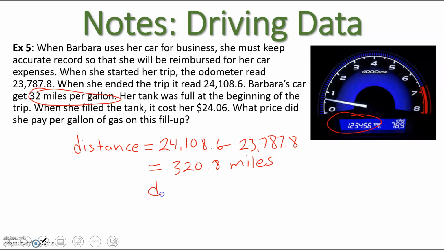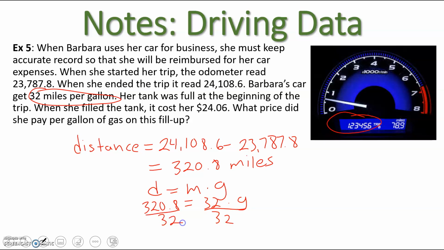And remember, our distance is equal to our miles per gallon times the number of gallons. So in this case, we have 320.8 equals 32 miles per gallon times the number of gallons. To solve this equation for G, we'll divide both sides by 32.